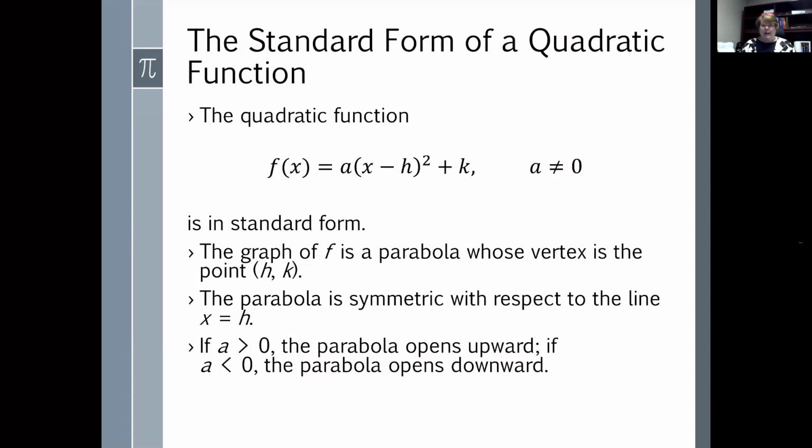That's going to be the y component of my vertex. So my vertex will be the point (h, k). The parabola is symmetric with respect to the line x equals h. If a is greater than 0, it opens upward. If a is less than 0, it opens downward.